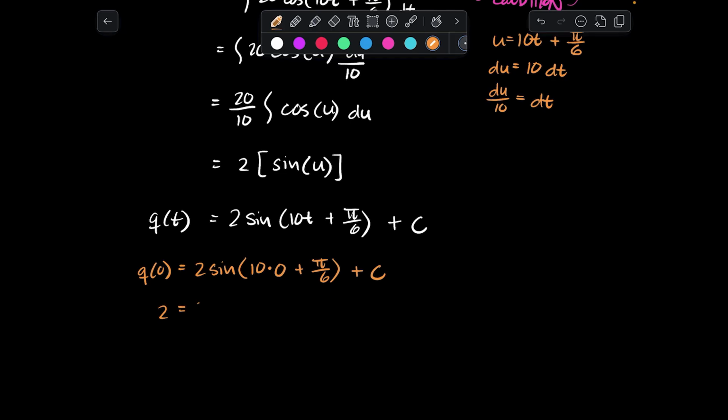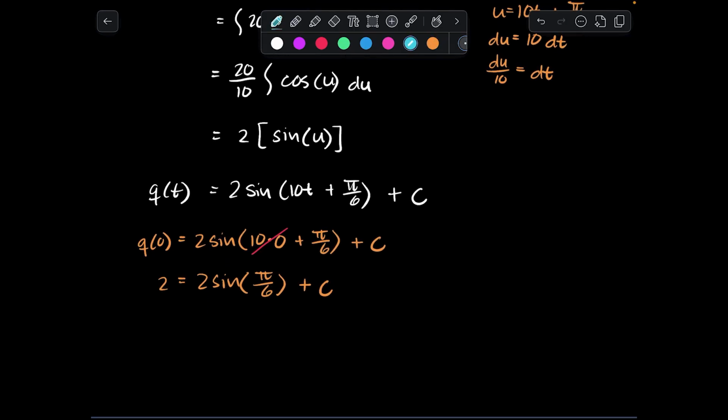Therefore, 2 is equal to 2 sine of pi over 6, since this cancels out to be 0, plus some constant. And we know that sine of pi over 6 is equivalent to 1 over 2. And so we have 2 equals 2 times 1/2 plus c. Therefore, c is equal to 1.